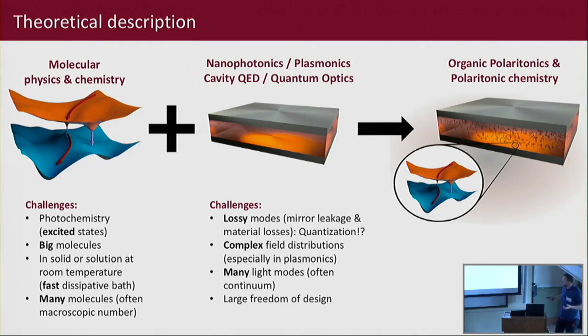You have loss rates, as I said, on the order of tens of femtoseconds. So this is really tricky to get right, and especially how to quantize lossy modes is still an open question if they're so lossy. You have to take into account that you have relatively complex near-field distribution, so you have to deal with all of the complexity of nanophotonics.